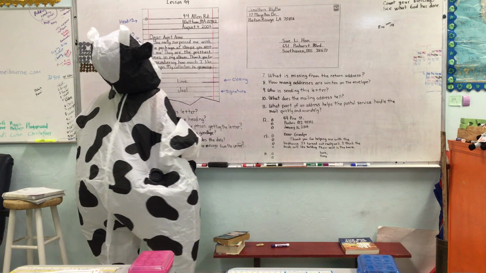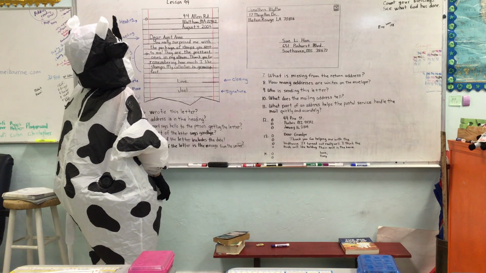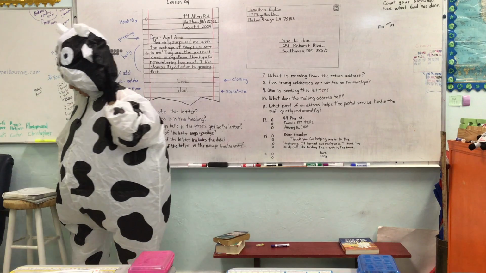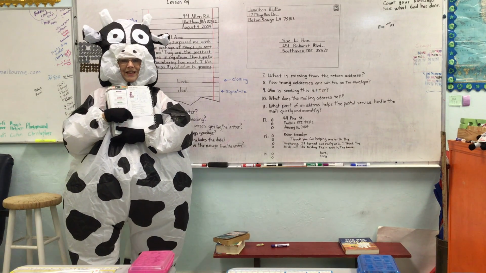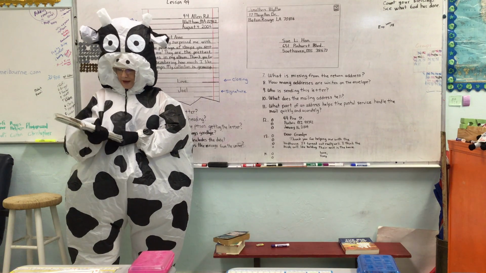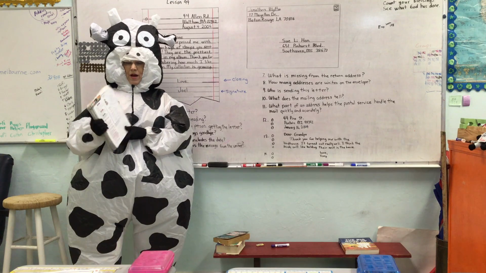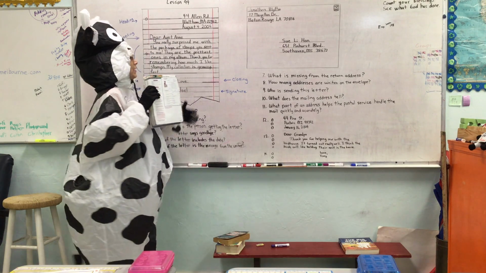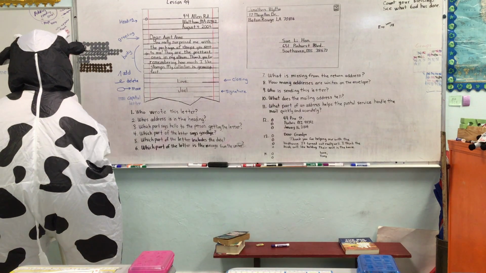Okay, now, let's look. You have on your paper, it looks like this. And so we're on the first page, which is 181. And on 181, it has the same letter up here as it is in the book. So let's look at this.